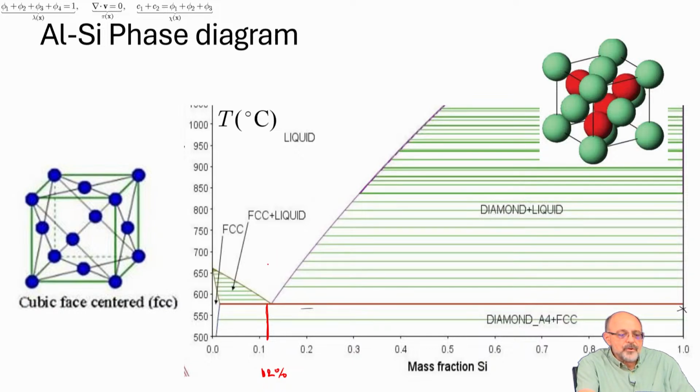So what happens is that when you start melting your alloy, your alloy, of course, is in equilibrium, or at least close to equilibrium. So what you have is grains of FCC aluminum.